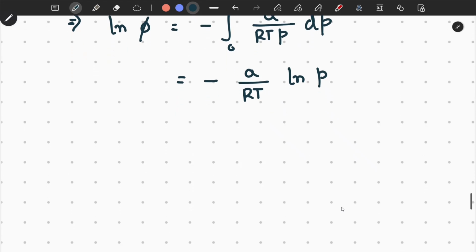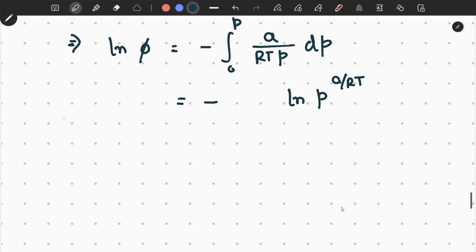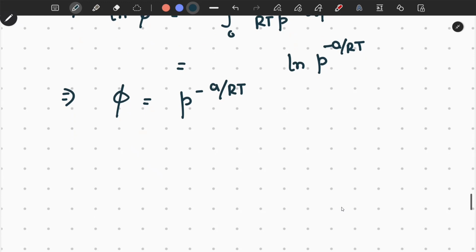Just ad hocly I'm doing. This will be the natural P to the power minus A by RT. Something like that.